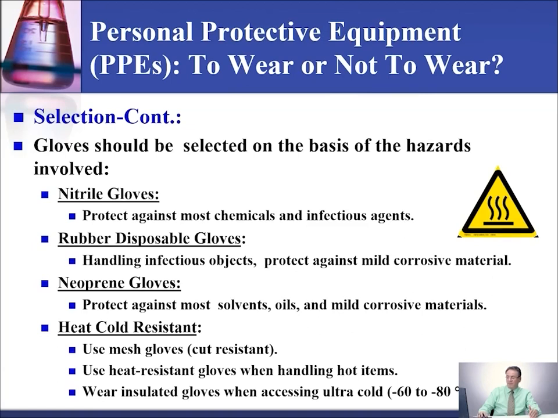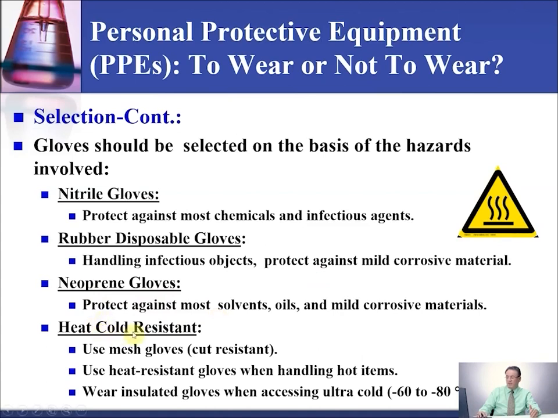And here I'm giving you the different types of gloves for different situations. Nitrile gloves protect against most chemicals and infection agents. Rubber disposable gloves, and these are the most common gloves that we are using in healthcare and in the laboratory, are used for handling infectious objects and protect against mild corrosive material. Neoprene gloves protect against most solvents, oil, and mild corrosive materials.